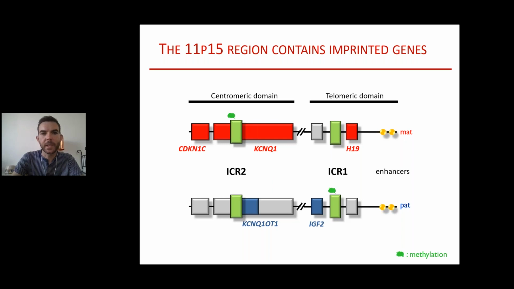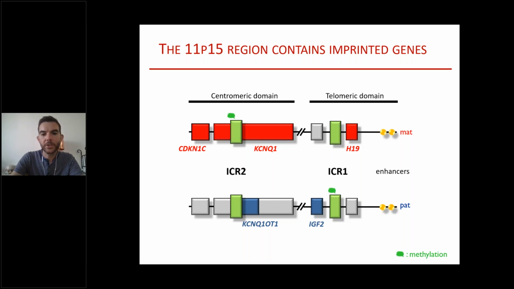In humans, the 11p15 region contains imprinted genes. This region can be divided into two domains. The first is the telomeric domain, in which you can find the IGF2 gene. IGF2 is a strong promoter of fetal growth.